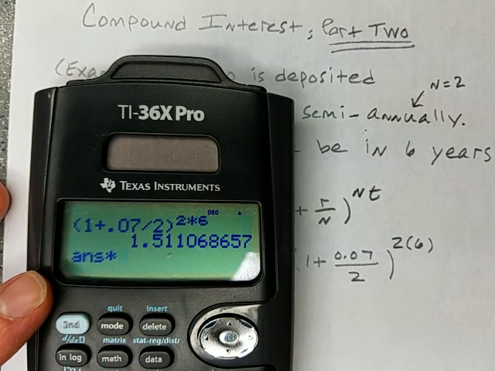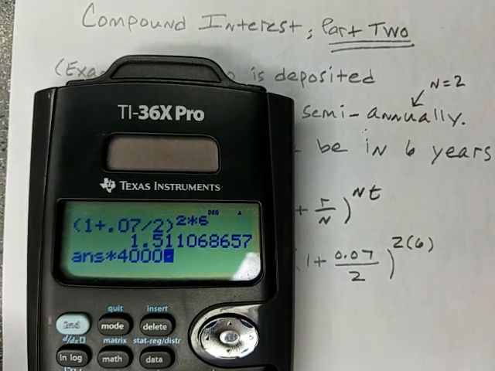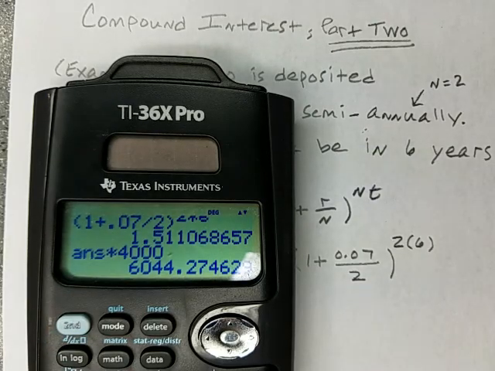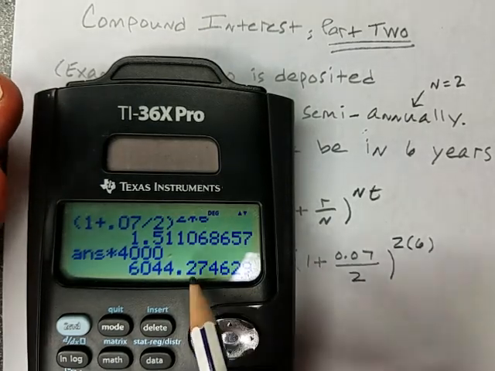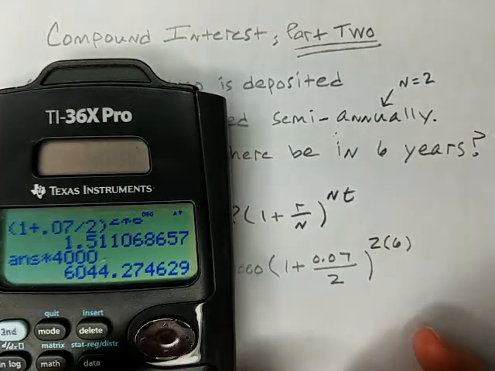So that will make it easy for us. We'll just do 4,000. Okay, so I can do the calculations one at a time this way. If you're uncomfortable typing in the whole thing at once, then you can do it in steps, kind of like I did it. Okay, so there's my answer.